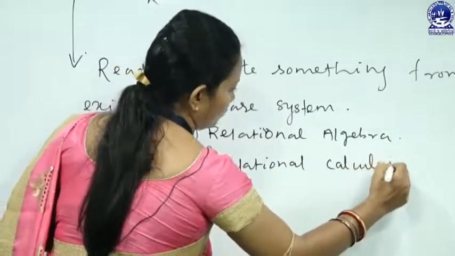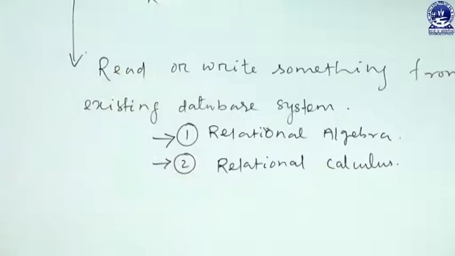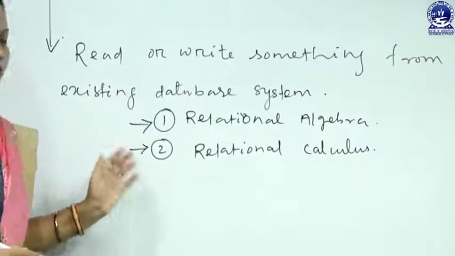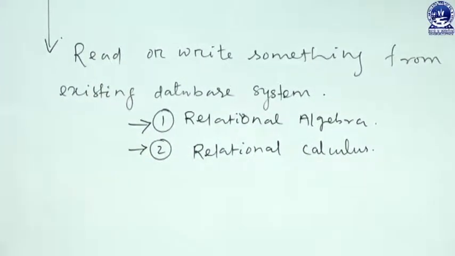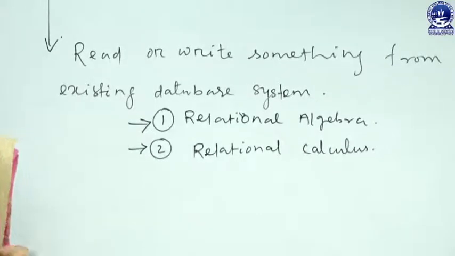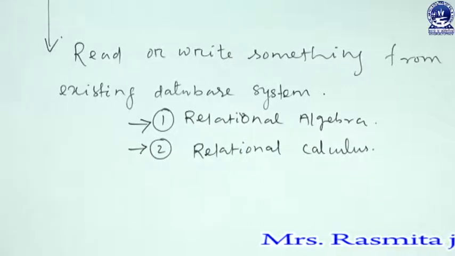So, today we will only discuss relational algebra, what is the definition of relational algebra and what are the basic operations done over the database by using relational algebra. So, next we define relational algebra. Relational algebra means that it is a formal query language or procedural query language.